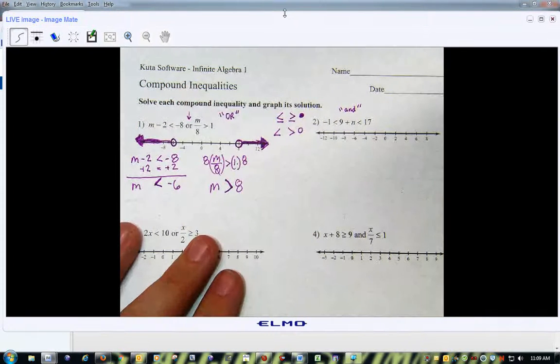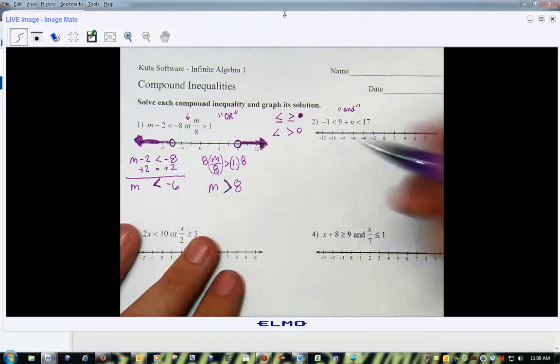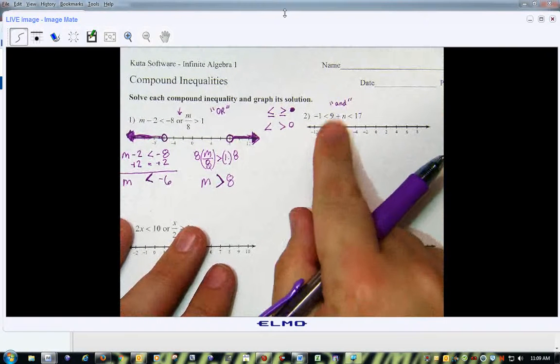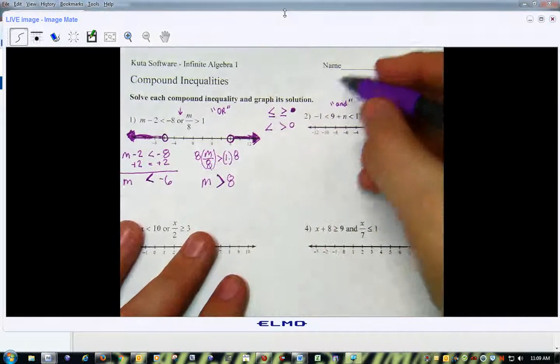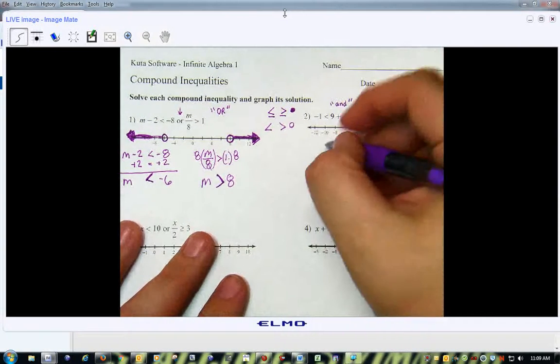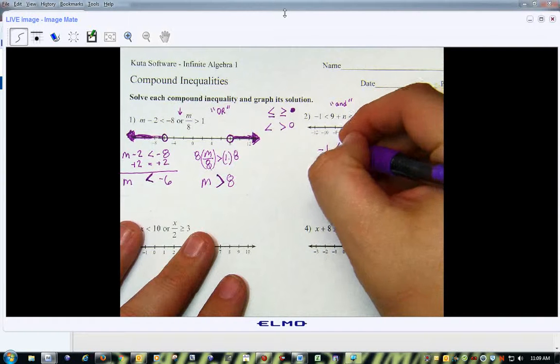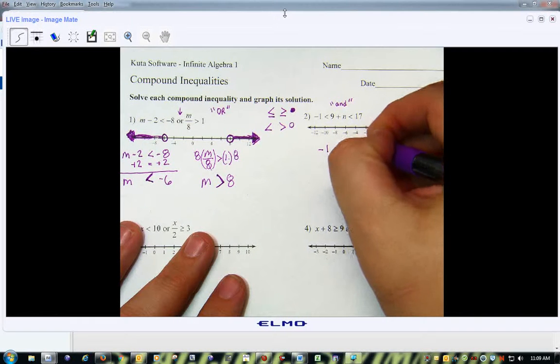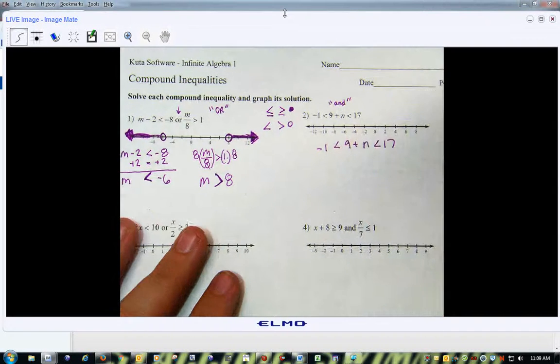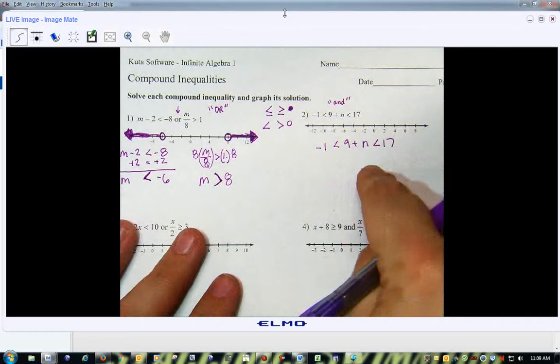Now, with an and inequality, like this, the nice thing about it, when it's written like this, we want to get n.